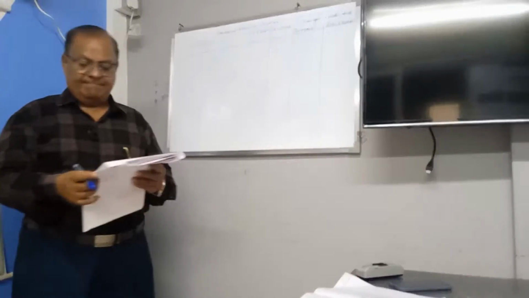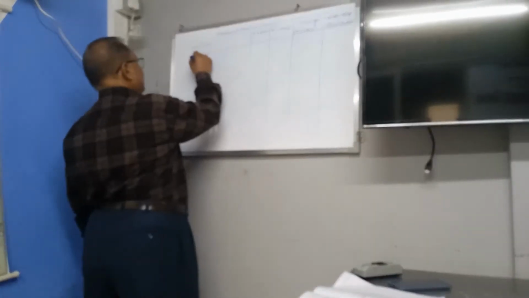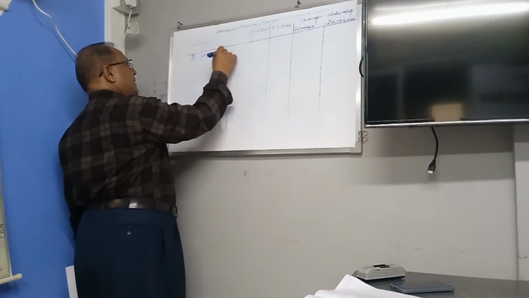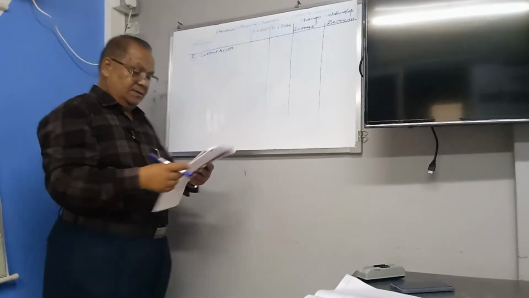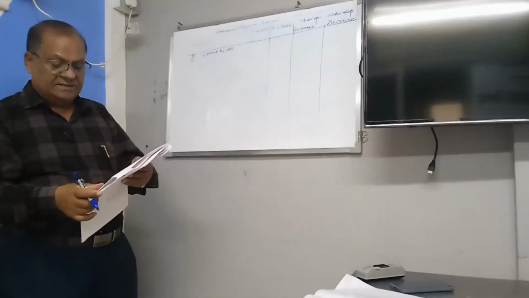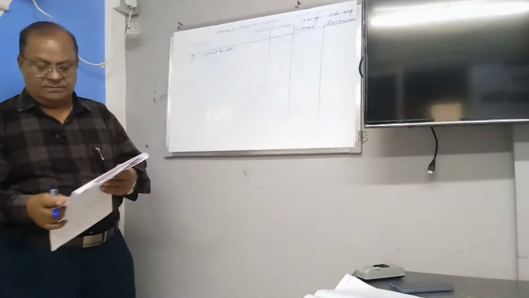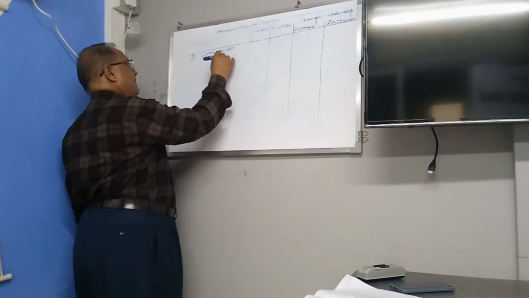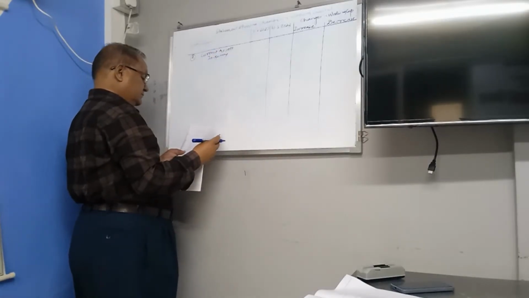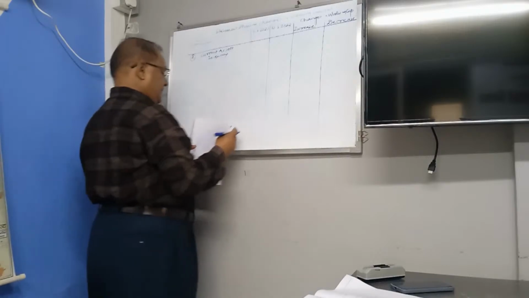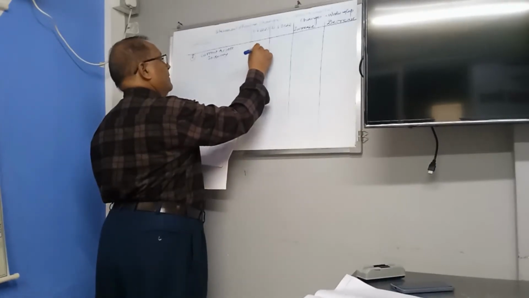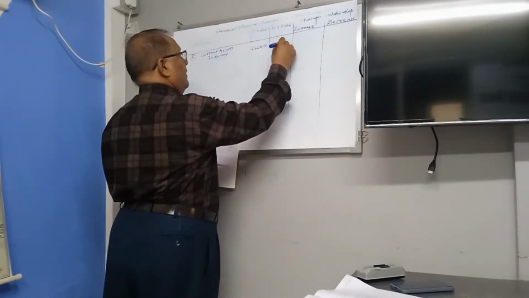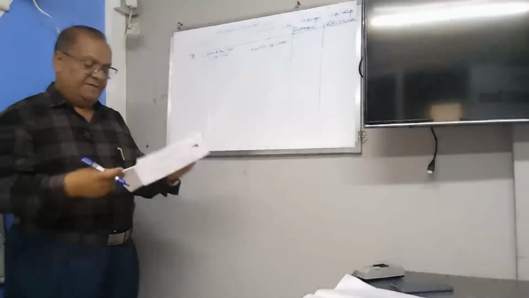First we have to take the current assets. A is current assets. Under particulars, current assets. In this problem, current assets are inventory, sundry debtors and bank.